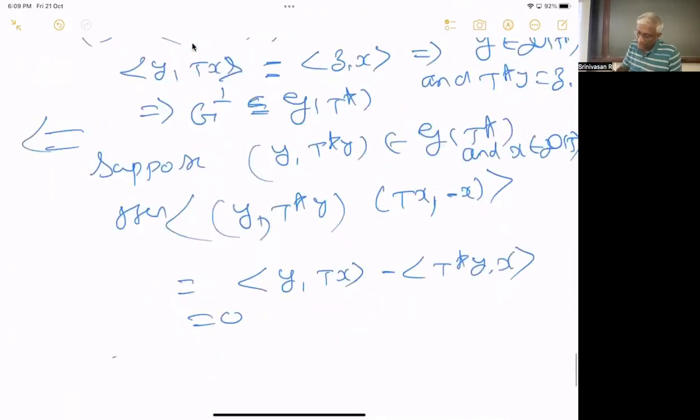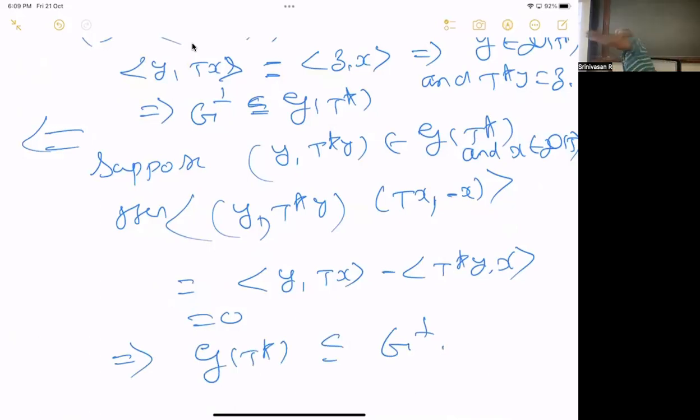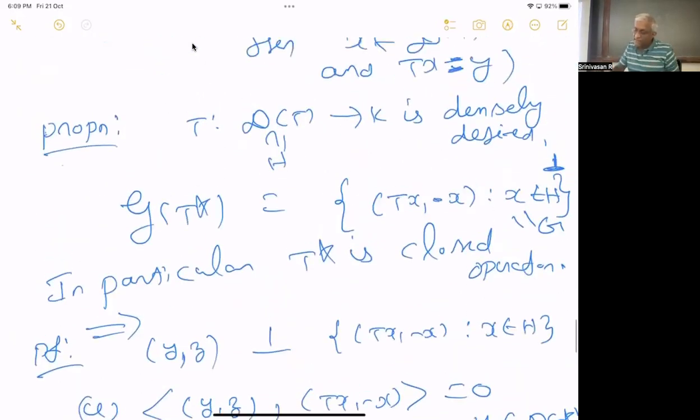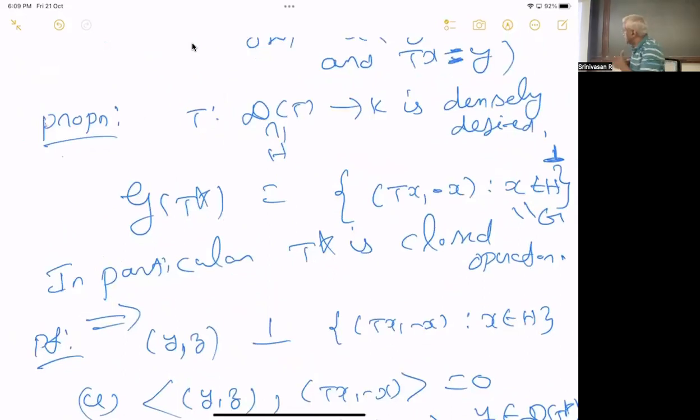So this implies the graph of T star is contained in G perp. G is all those elements (Tx, -x). So let us look at the statement. I am defining the space G, which is all those (Tx, -x), where x comes from the domain of T. I am saying the graph of T star is the perp of that. First I took an element in the perp, so it satisfies the orthogonality condition.